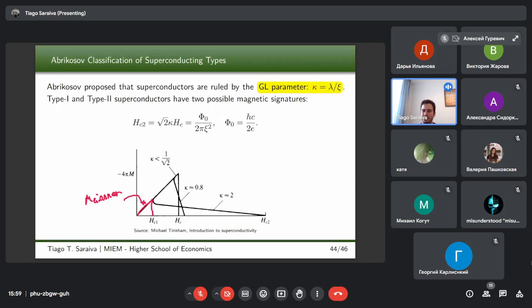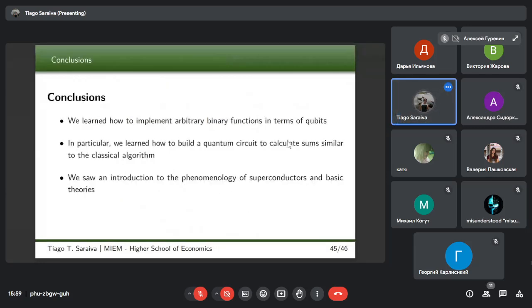And then magnetization will start decreasing after HC1. HC1 is the field where vortices start to penetrate. Then it goes down until HC2, where magnetization is 0, and you go to the normal phase.